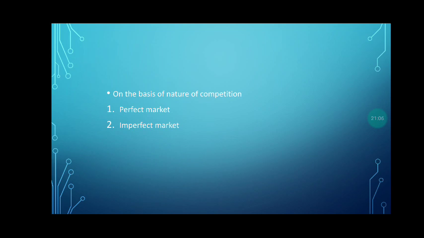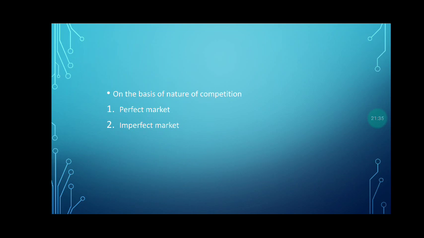The other distinction is the imperfect market. Imperfect markets are those markets which are not characterized by the features of the perfect market. It is a market which can be defined as a market with many producers offering different goods and services which are close substitutes of the goods and services being offered by another producer.